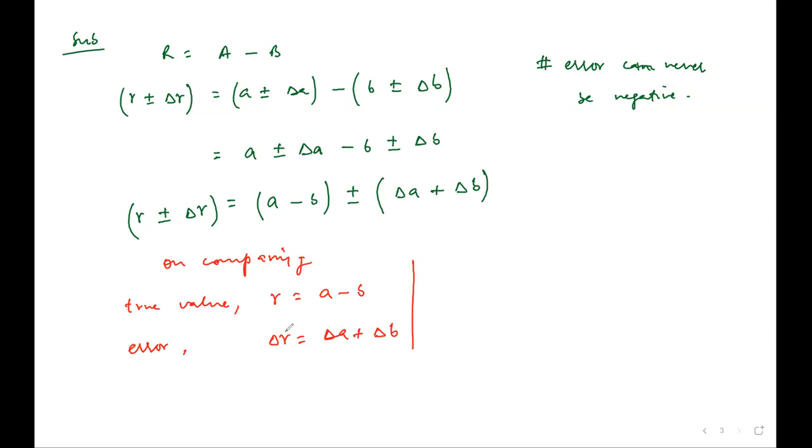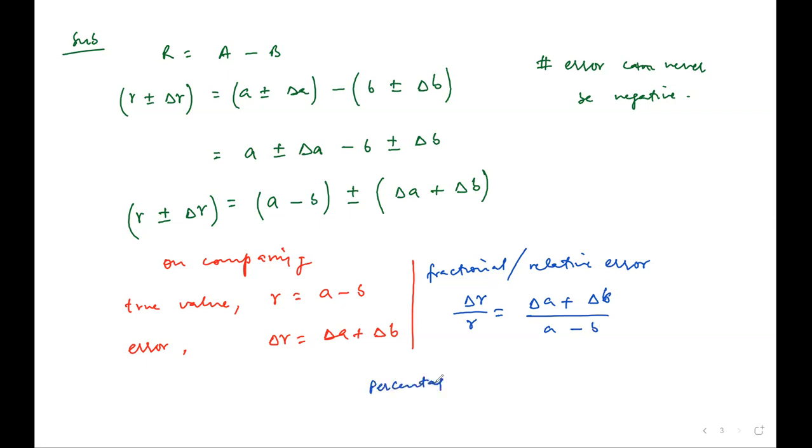Now, if you divide these two terms to get fractional or relative error, it will be delta R divided by R, which is delta A plus delta B divided by A minus B. And if you multiply it by 100, you will get percentage error.